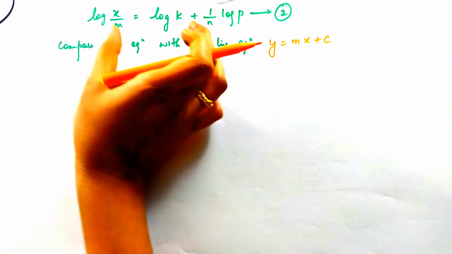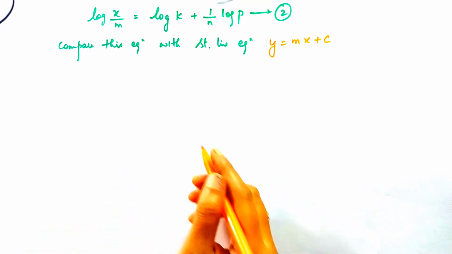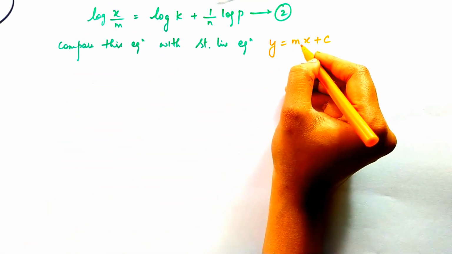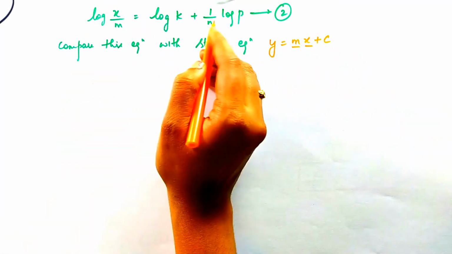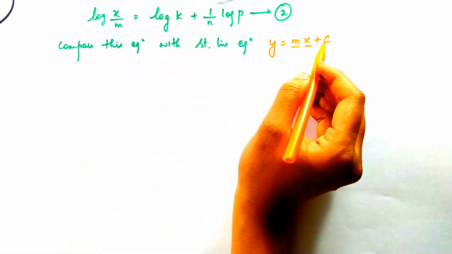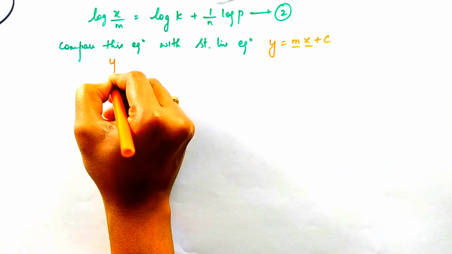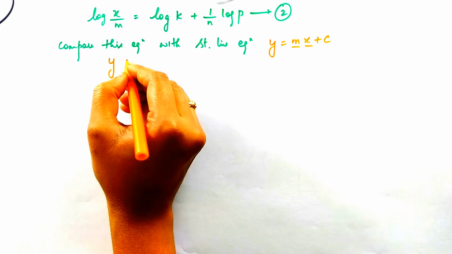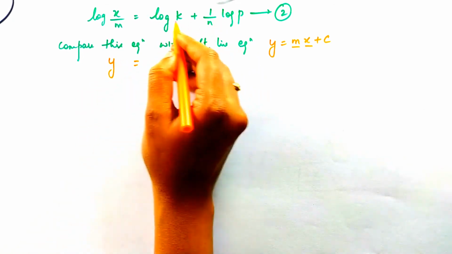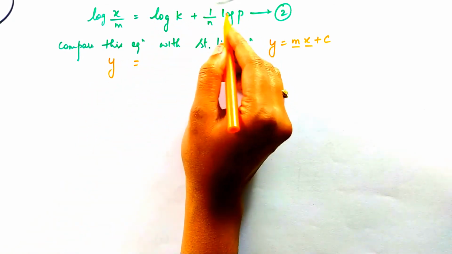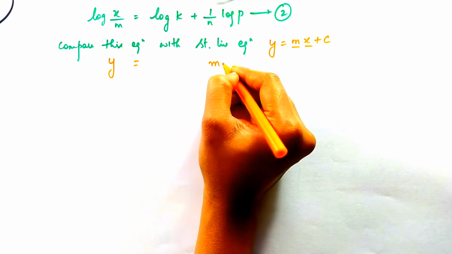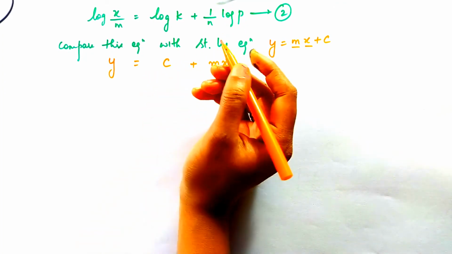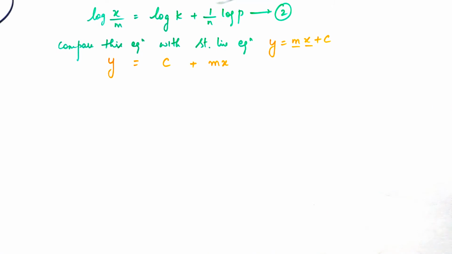Let us apply this to equation 2. Here there are y, mx, and c terms, so you have to observe and then apply this. So log x by m is taken as y, a single term, and here there are two terms, so we take it as mx plus c.